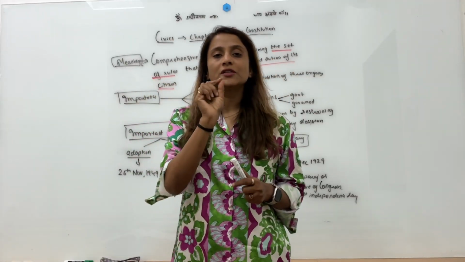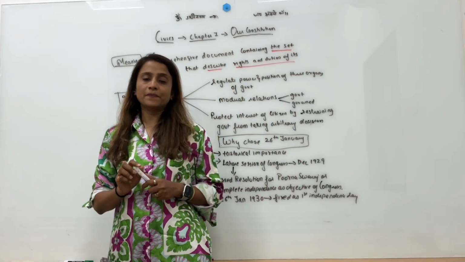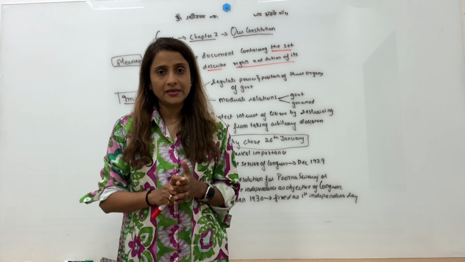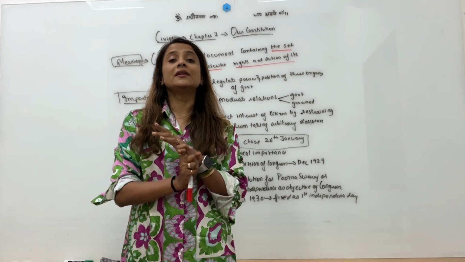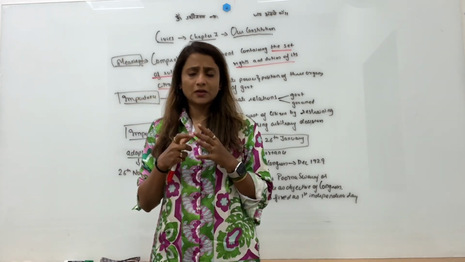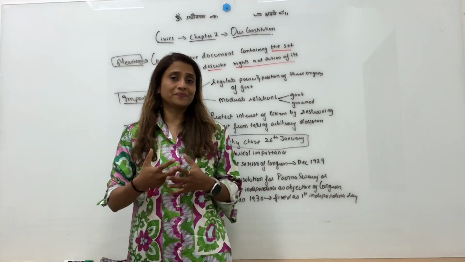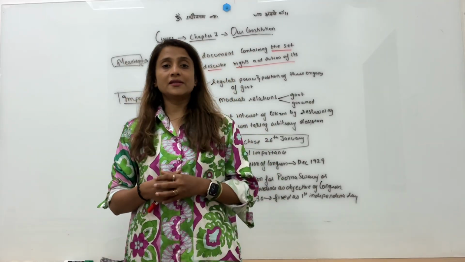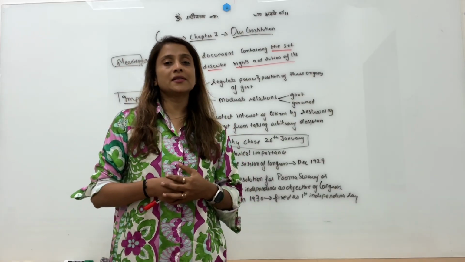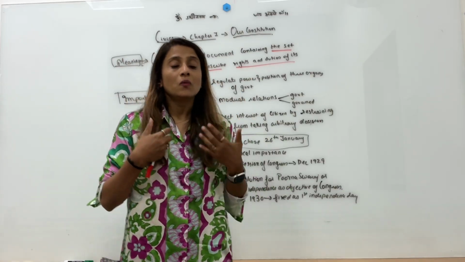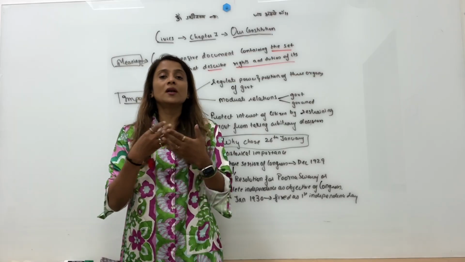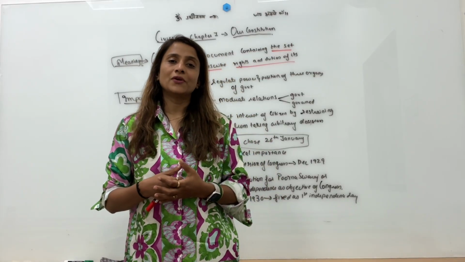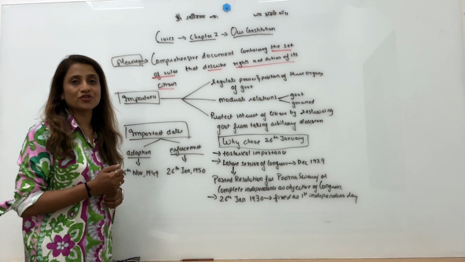It's very important to learn this definition properly. Constitution is a comprehensive document which contains a set of rules. Now these rules are regarding what? These rules describe the rights of the citizens and the duties of the citizens, meaning your and my rights and duties. All that is part of our constitution.